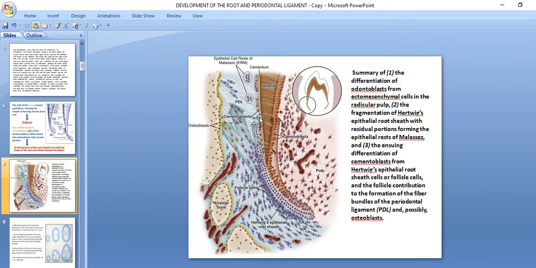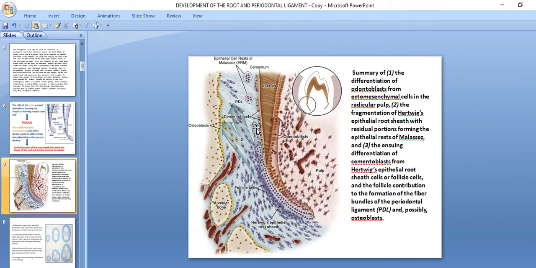Here you can see these are cementoblast-like cells, and cementogenesis commences with the formation of acellular primary cementum. There is evidence, however, that epithelial cells of the sheath may also differentiate into the first formed cementoblast-like cells.